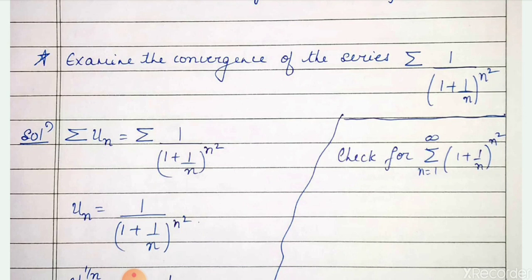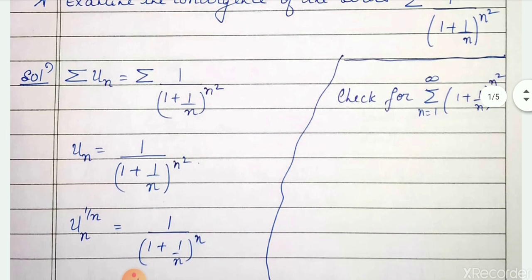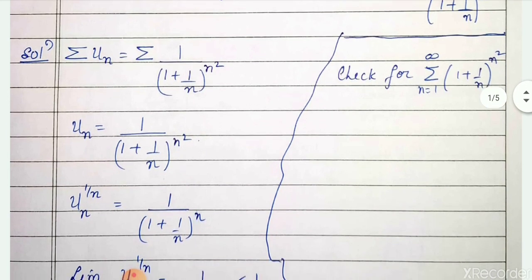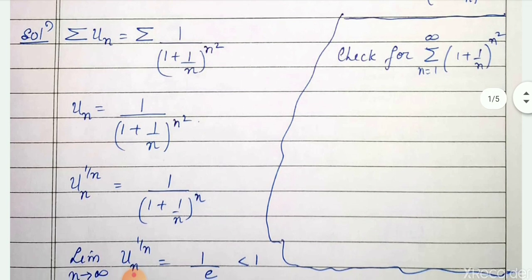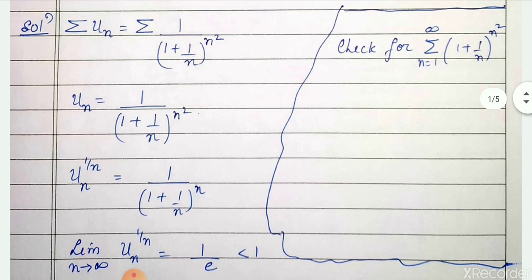Examine the convergence of the series sigma 1 divided by (1 plus 1 by n) raised to n square. I have named the series as sigma un, and considered the nth term as 1 divided by (1 plus 1 by n) raised to n square.